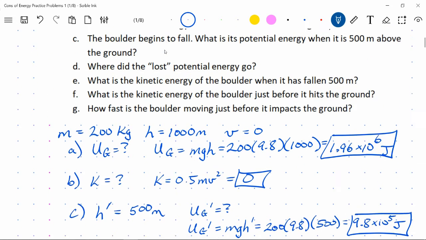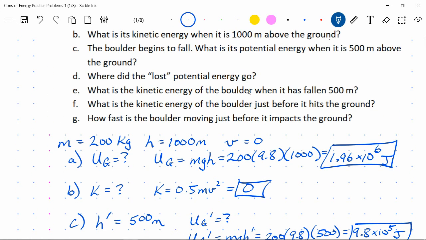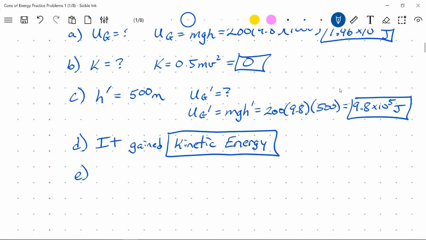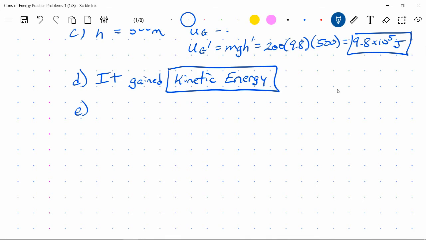Part E. What is the kinetic energy of the boulder when it has fallen 500 meters? It's a very straightforward question, but I'm going to write it up formally, just so that we can rely on this process in the future. So the question is, what is the kinetic energy now? We know the starting potential energy and kinetic energy, and we know the potential energy that it has now. So we can rely on conservation of energy.